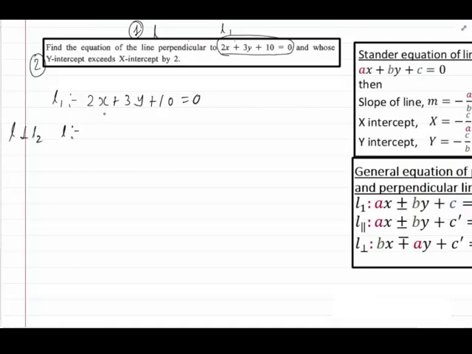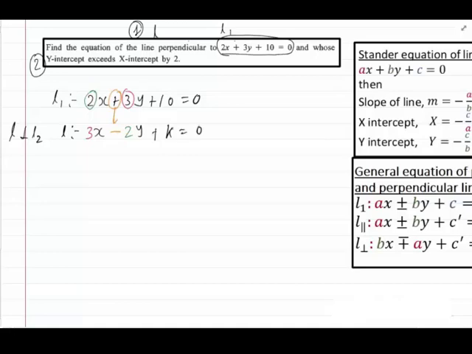Now we know the general equation of a perpendicular line. We have to change the coefficients of x and y and change the intermediate sign, right? So this 3 now becomes the coefficient of x, and the coefficient of x becomes the coefficient of y, and we have to change the intermediate sign also.